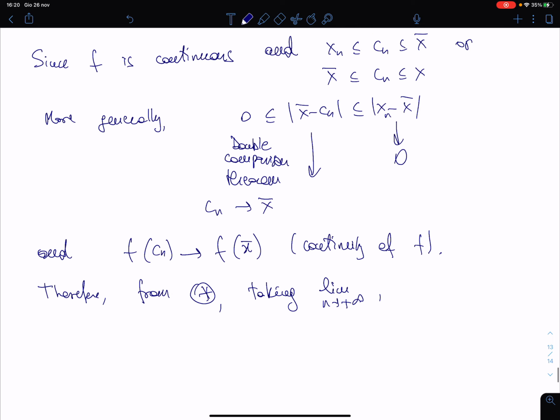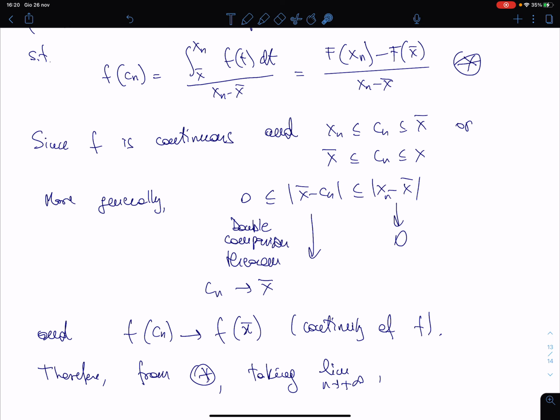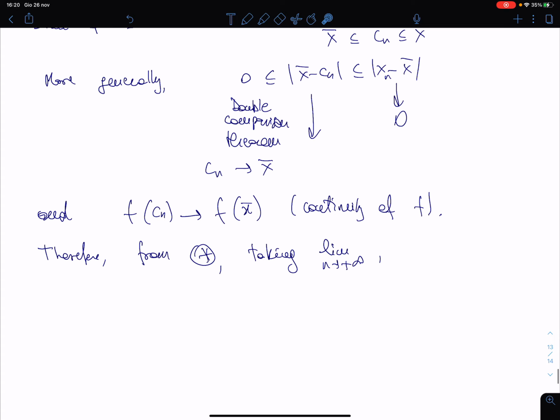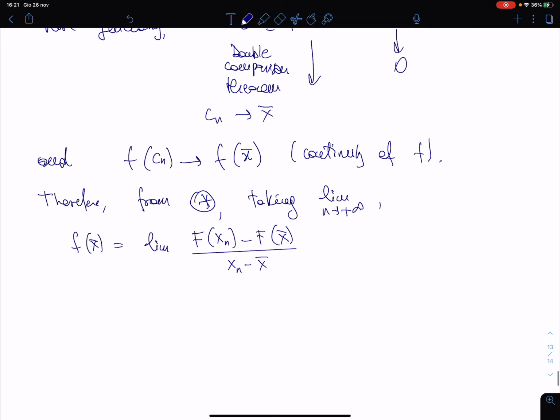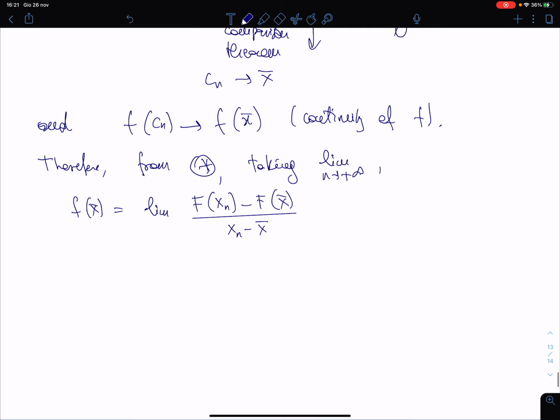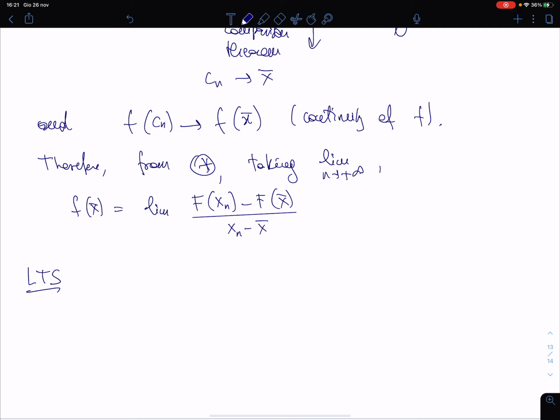We have from one side here f of Cn goes to f of x bar, and this is equal to the limit for n going to plus infinity of capital F of xn minus capital F of x bar divided by xn minus x bar.